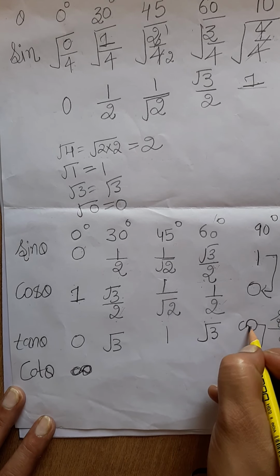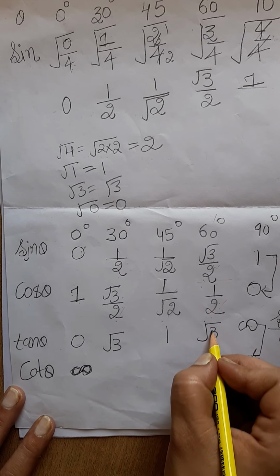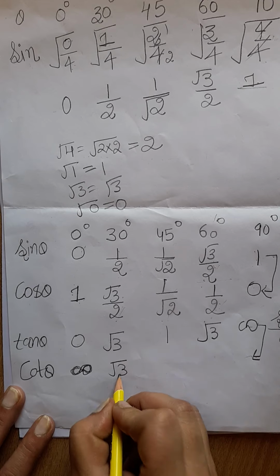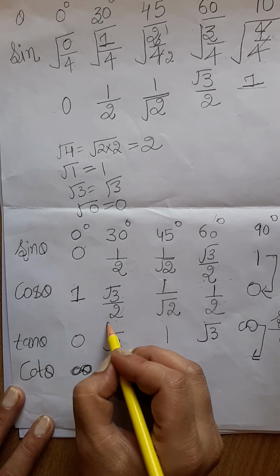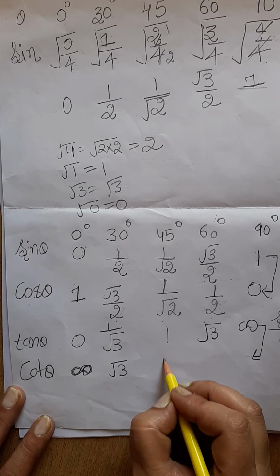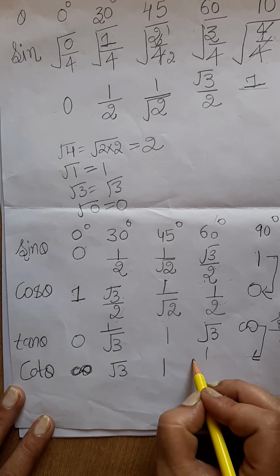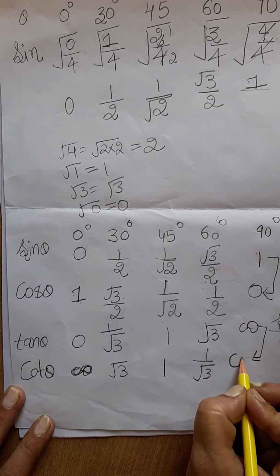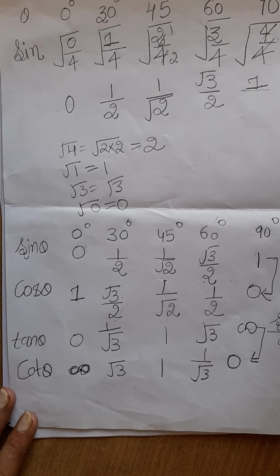You can write here undefined value, and after that you write here root 3, and this value is 1 by root 3. Okay, and after that 1, and 1 by root 3, and after that you write here 0.